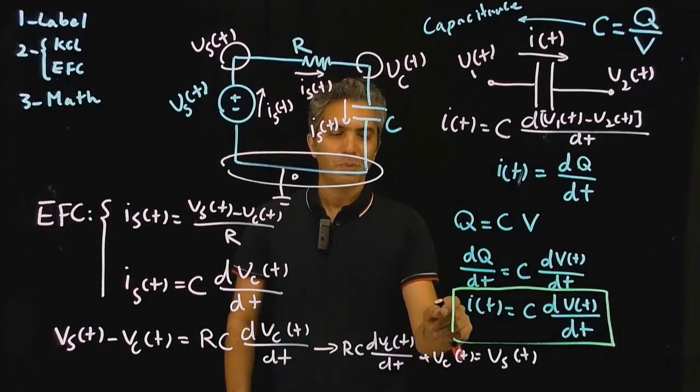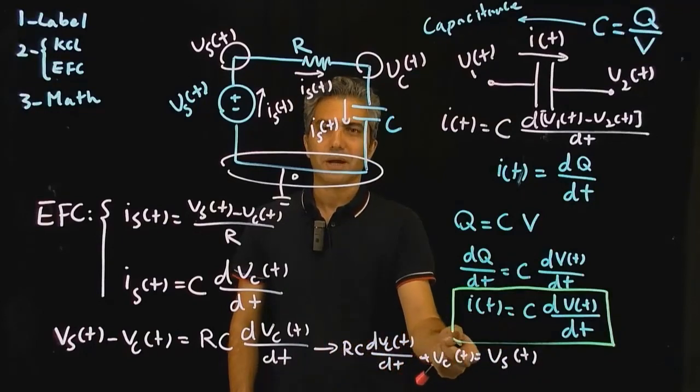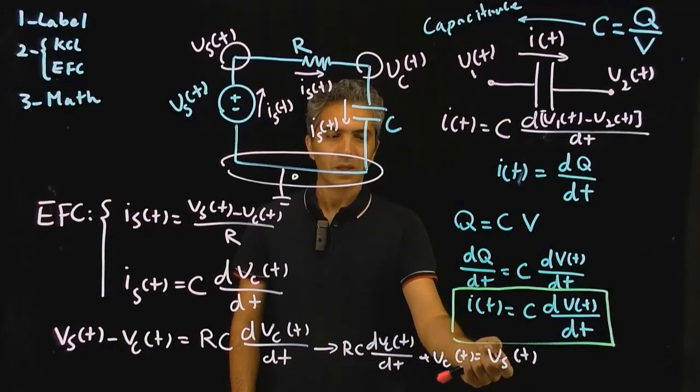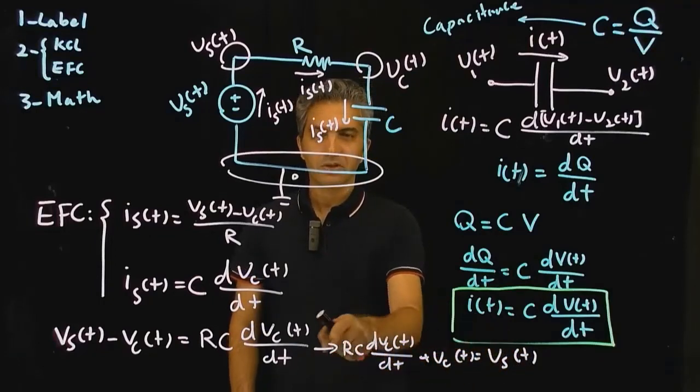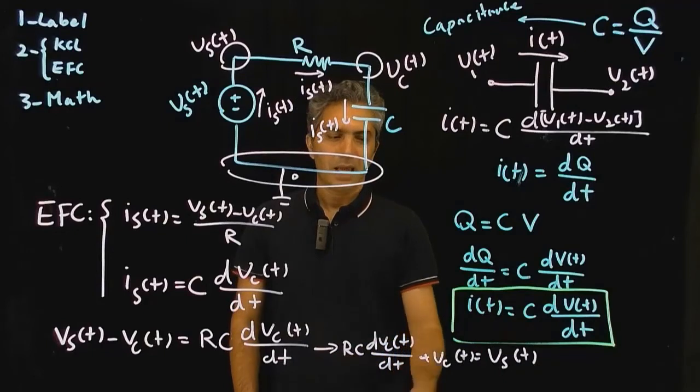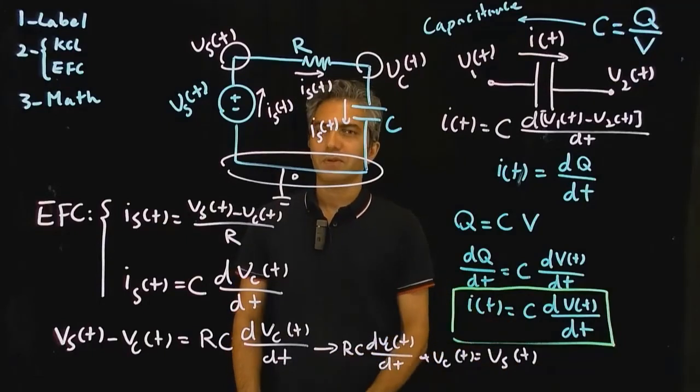The only point to notice here is that this is not a simple algebraic equation that we use to solve. This is actually a differential equation. So in order to find out what VCT is, I have to solve this first order differential equation. And there are ways to do that. As long as you know what VST is, you can actually calculate VCT.